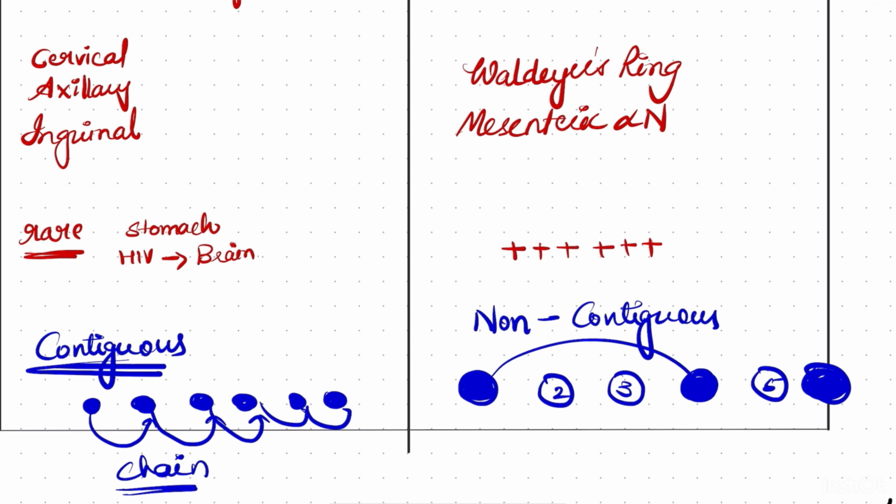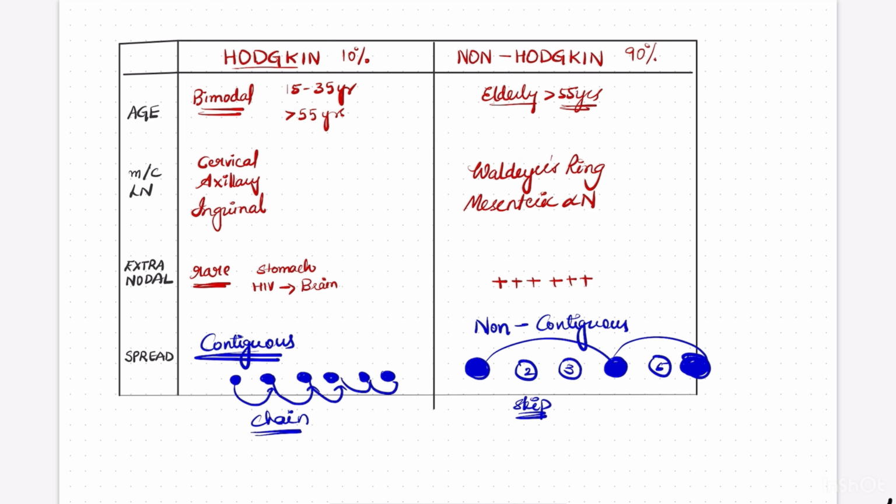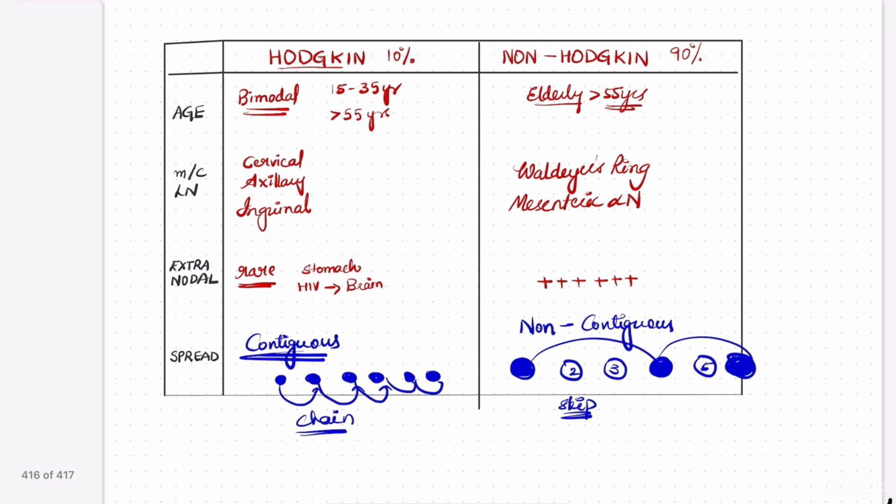So it shows a skip pattern. It is a non-contiguous spread seen in non-Hodgkin lymphoma. These are brief differences between Hodgkin and non-Hodgkin's lymphoma, which is useful for your exams, viva and practicals. So this is all in detail about Hodgkin's lymphoma.